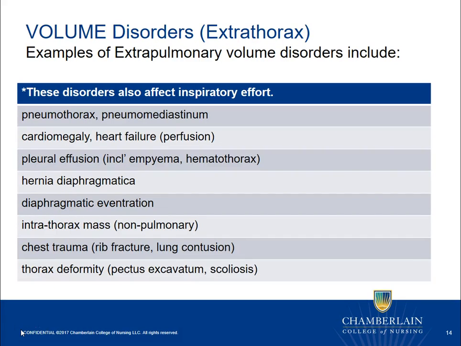Examples of extrapulmonary volume disorders include pneumothorax, pneumomediastinum, cardiomegaly, heart failure, pleural effusion including empyema, hemothorax, diaphragmatic hernia, eventration, intrathorax mass, non-pulmonary, chest trauma, rib fracture, lung contusion, and thorax deformity such as pectus excavatum and scoliosis.